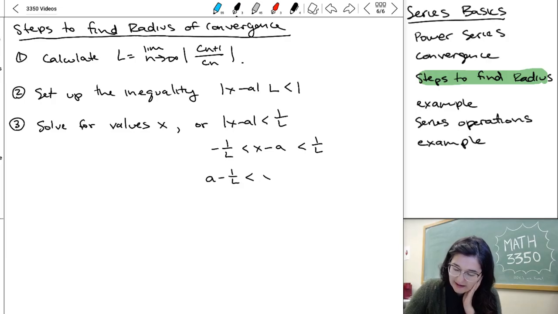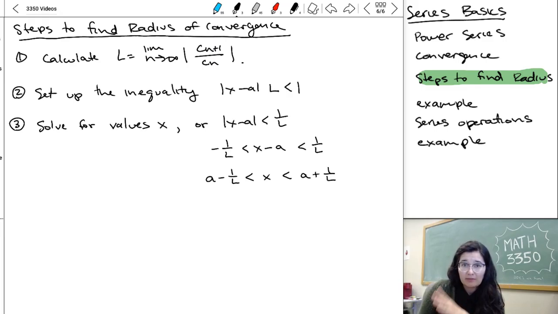And isolating x gives us a minus 1 over L on one side, a plus 1 over L on the other side.